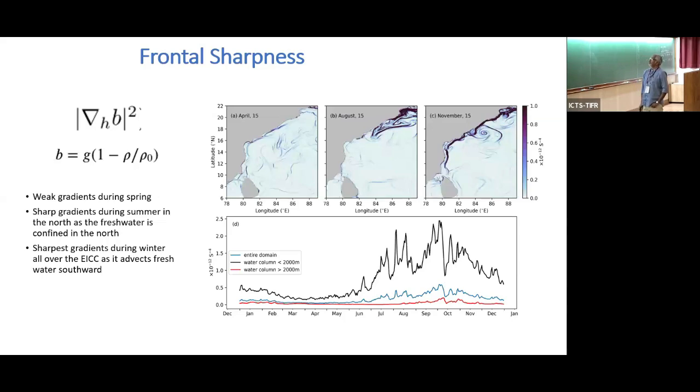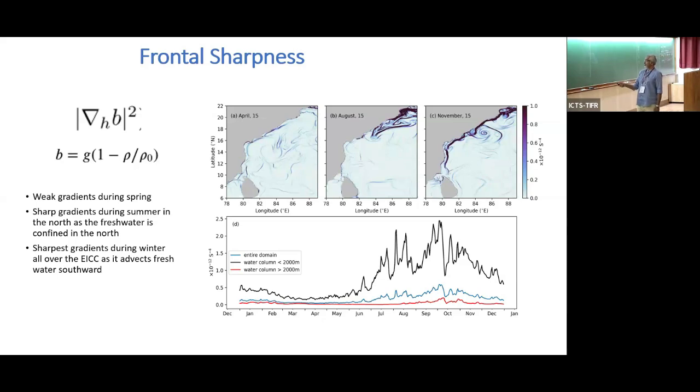Now, the other parameter is the frontal sharpness, which is very much relevant to the submesoscale processes, where the sharp gradients during summer. This is during summer when the freshwater plume flows down, which is associated with a fairly strong magnitude of the frontal sharpness. And then there is a very clear pattern of frontal sharpness all along the coast of India during November, but they are much weaker during winter.